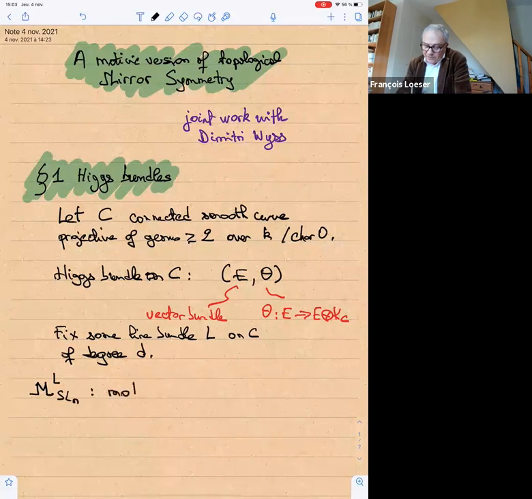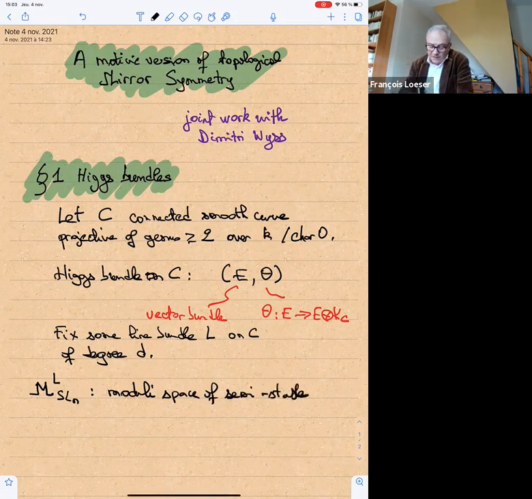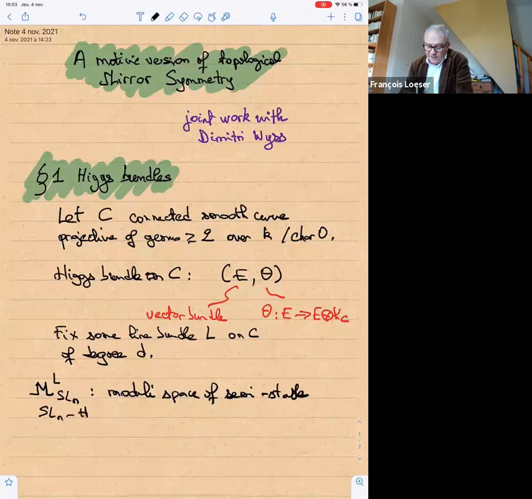It's a moduli space of semi-stable SLN Higgs bundles.